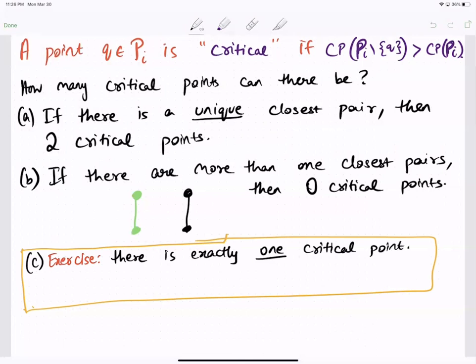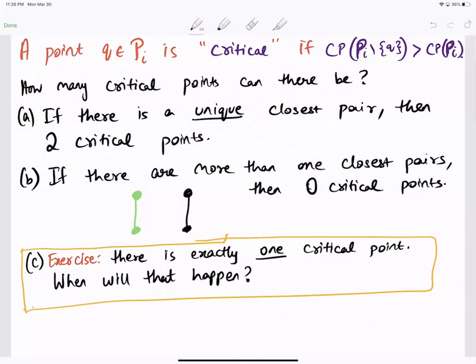When will that happen? Please try to think about this. Good exercise. So we said there could be two critical points, there could be zero critical points. Turns out there could be exactly one critical point as well.